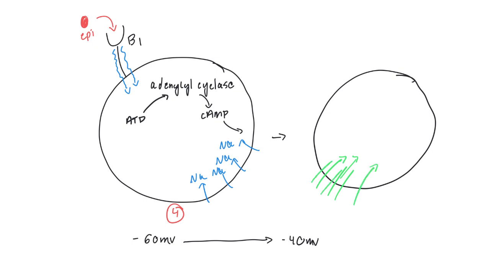And cyclic AMP makes those calciums rush in a lot more quickly. So here we're at phase 0. And the calcium rushing in makes the cell become positive on the inside. So I'll just put positive there on the inside, which is depolarization. When the cell is positive on the inside, it depolarizes, which means that it fires. It fires off an electrical impulse.